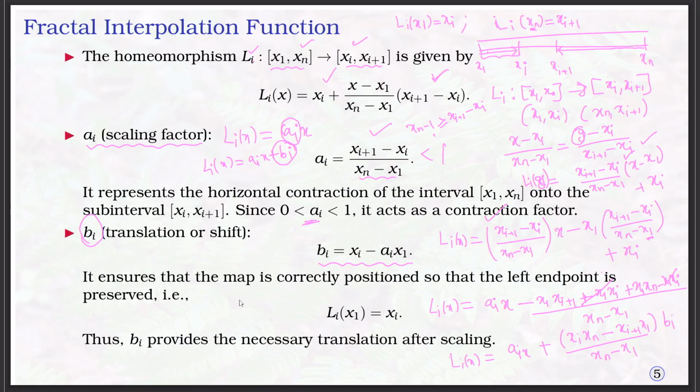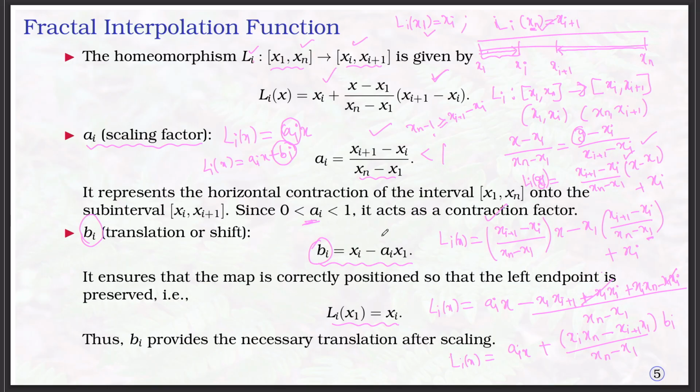It ensures that the map is correctly positioned so that the left endpoint is preserved. That means Li of x1 equal to xi. That means ai contracts the whole interval, and this term bi adjusts so that this endpoint condition must be satisfied. Like that it will adjust the interval.